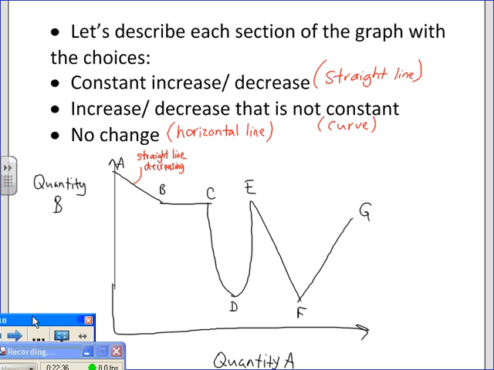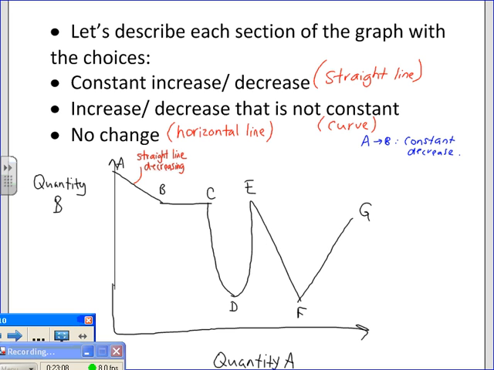Let's go ahead and plot this over to the side. From A to B, we have a constant increase or decrease. Well, look at the graph. We're going downhill, so quantity B is decreasing with quantity A. Okay, so constant decrease.